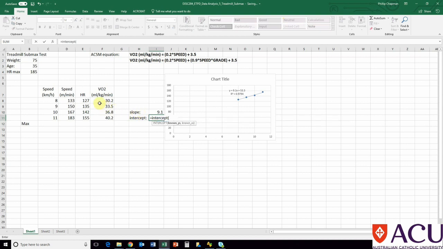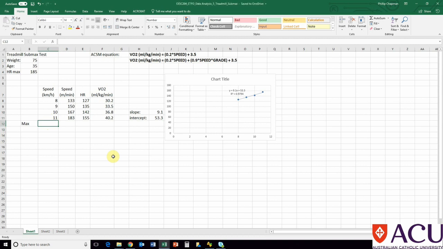Here we go. Known Y's is the heart rate, and X's, which is that one, 53.3. Good.